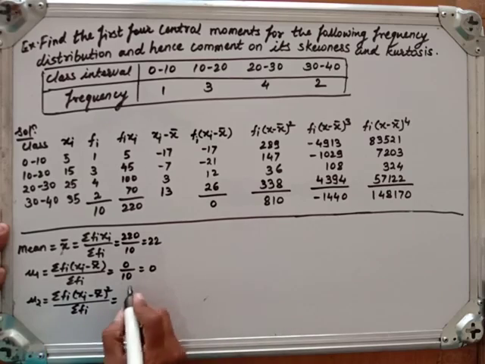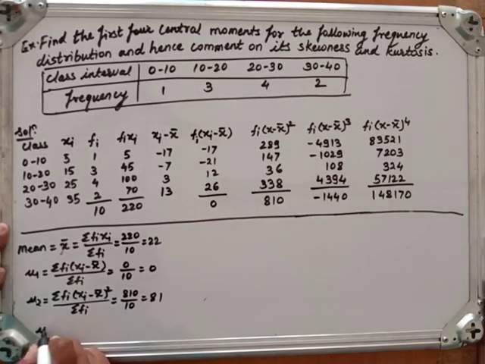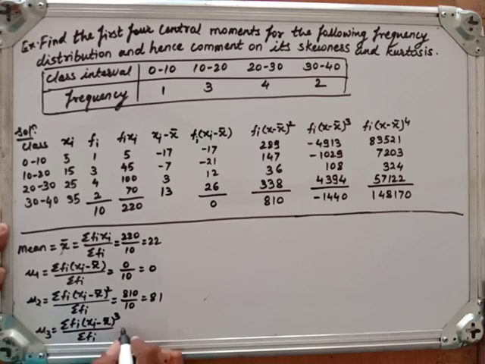So it will be 810 upon 10, so it will be 81. Then mu3 is summation fi into xi minus x bar cube upon summation fi. That is minus 1440 upon 10, so it will be minus 144.